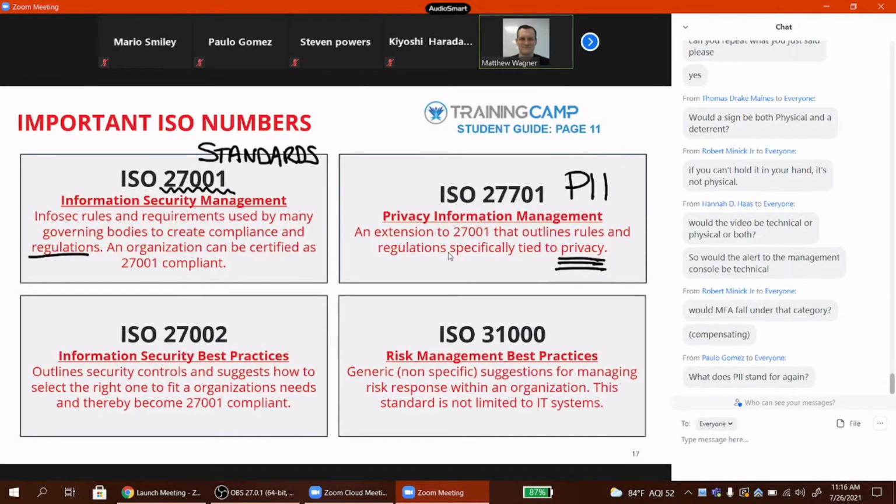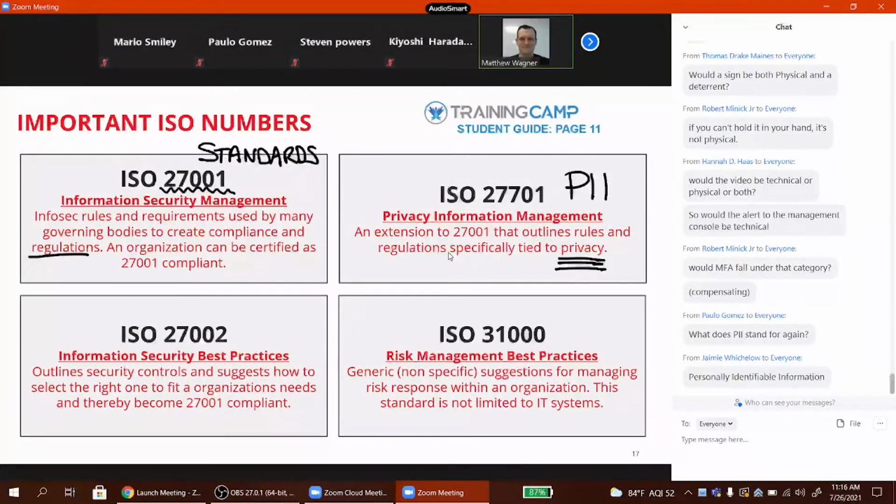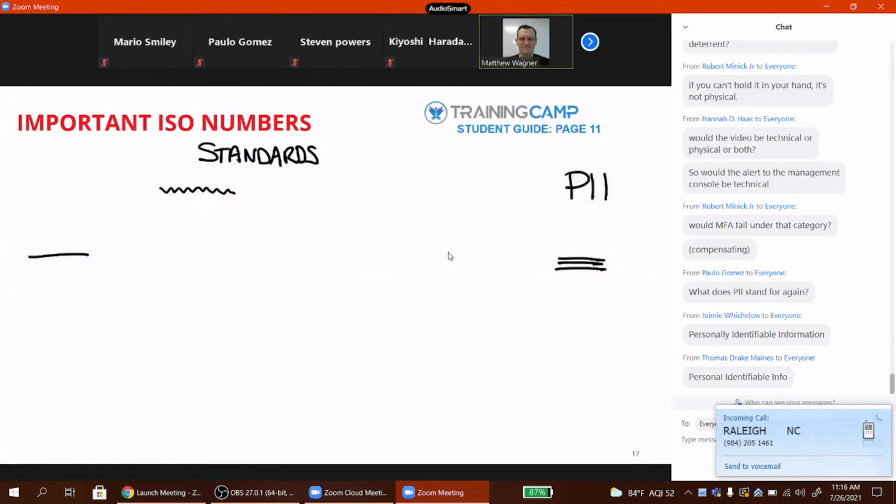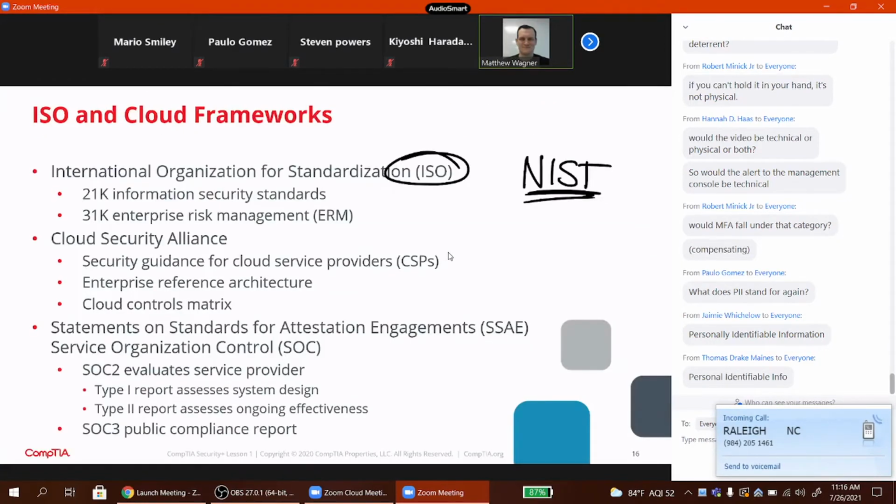What does PII stand for? Personally identifiable information. Yeah, anything that identifies a person, like your date of birth, your social security number, stuff like that. So the International Standards Organization has put together all sorts of different standards, guidelines, and so forth.